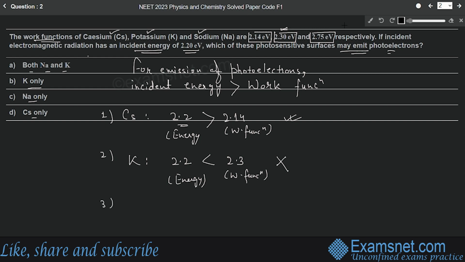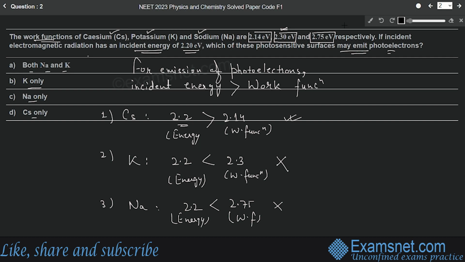In the third case, that is sodium, the energy is 2.2 electron volt and the work function is 2.75 electron volt. Again, the energy is less than the work function, so in this case also photoelectrons will not be emitted.